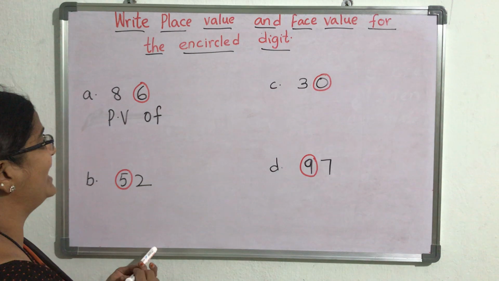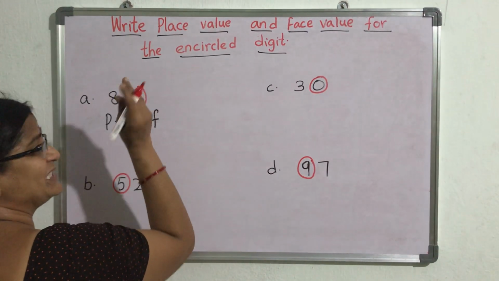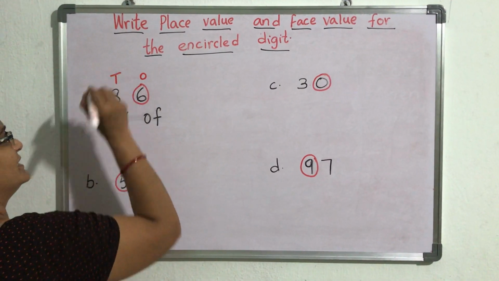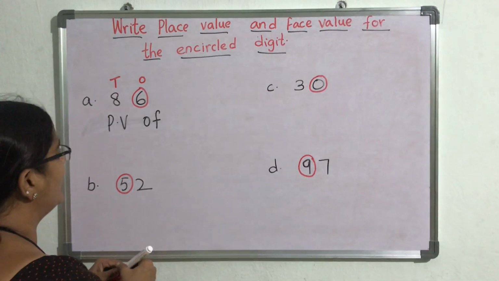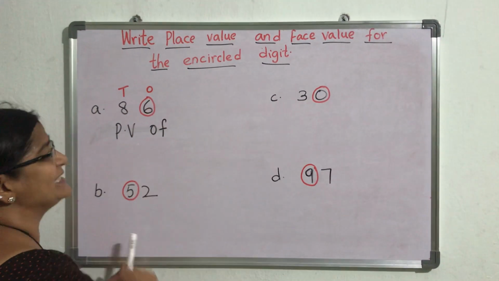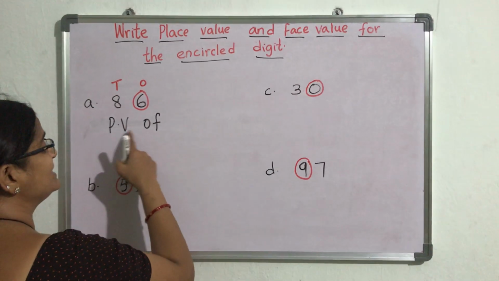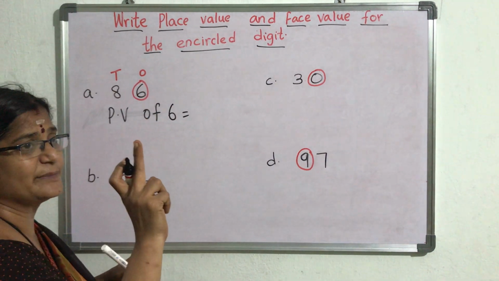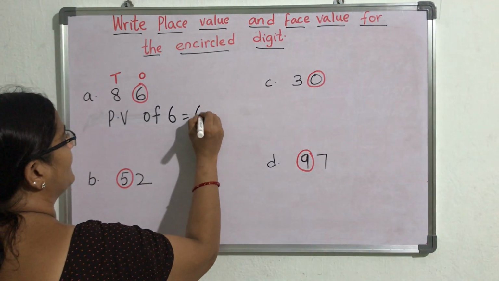You have to first write the places, in which place which number is. Ones, tens. O means ones, T means tens. So now, in which place is the 6? The place value of 6 is in the ones place. Ones means 6 ones, 6 only.